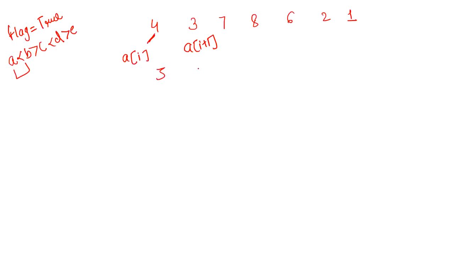So now we have 3, 4, 7, 8, 6, 2, 1, right? Also, we will convert this flag to false because next time we want to implement the condition for the other case. So the next condition will be executed.